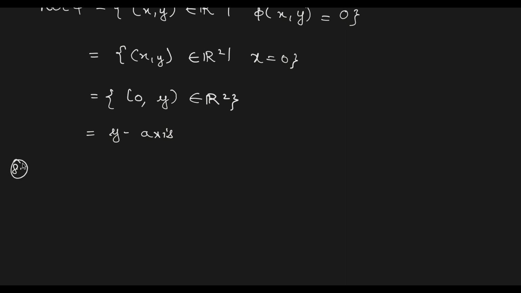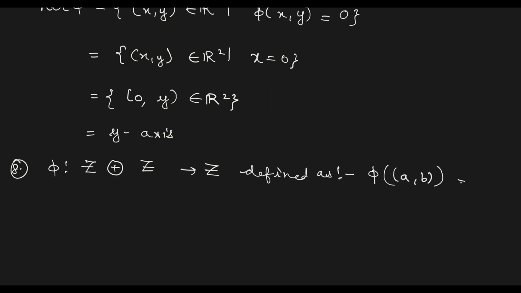Next, phi is a mapping from Z direct sum Z to Z, which is defined as phi(a, b) is equal to a minus b. So phi is a homomorphism.